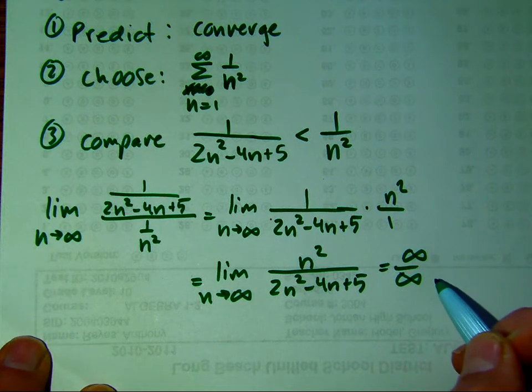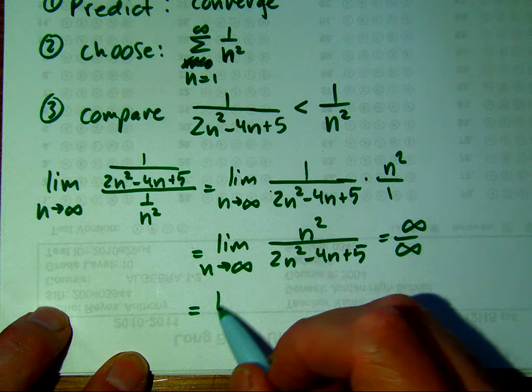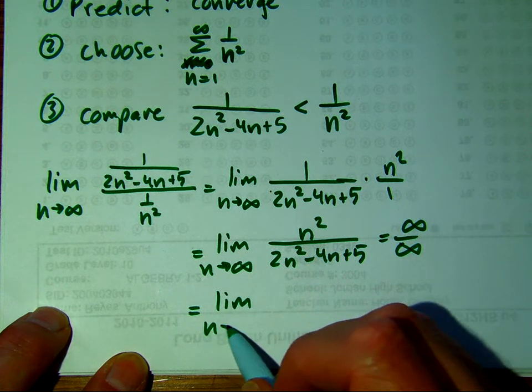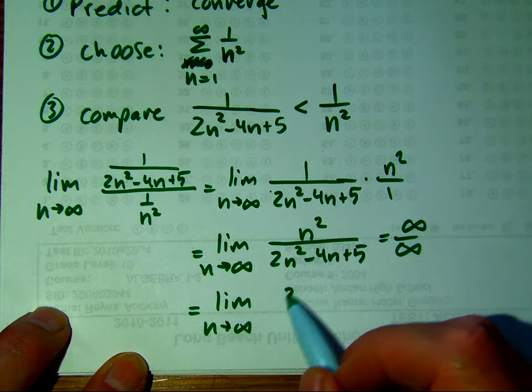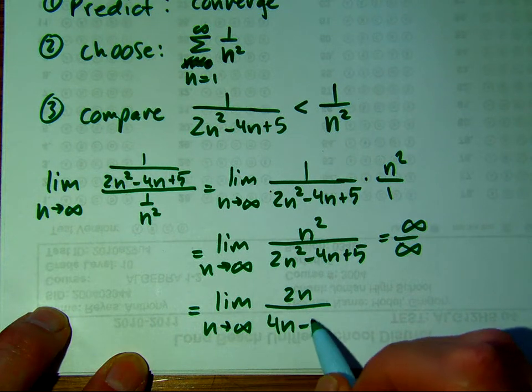If you have an indeterminate form, then you can do L'Hopital's rule, and that's just going to be the derivative of the numerator over the derivative of the denominator.